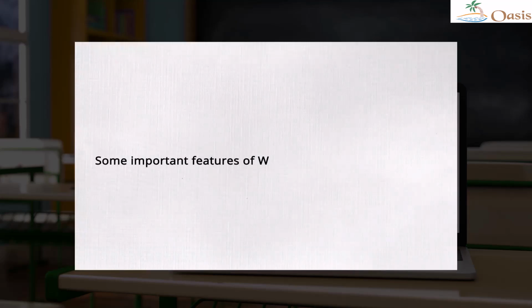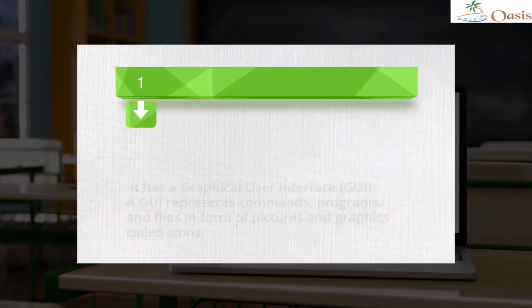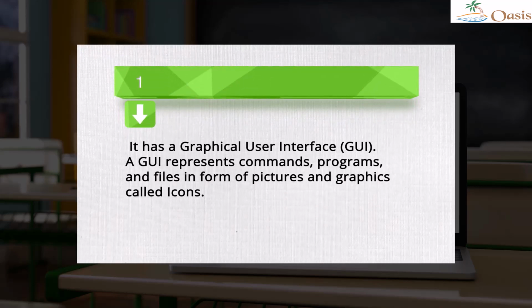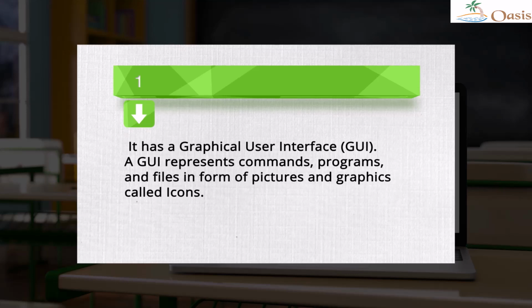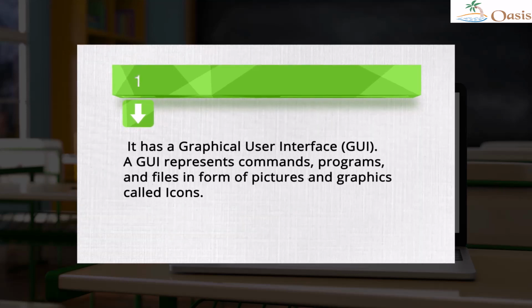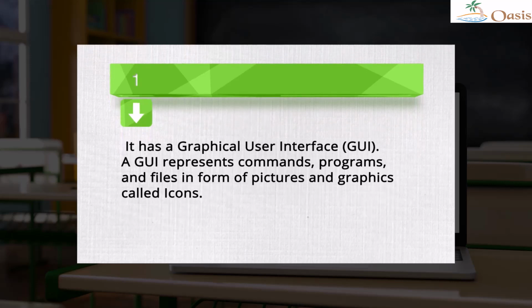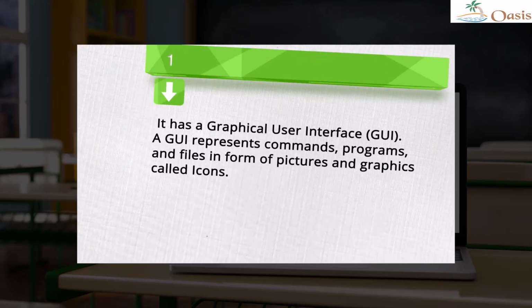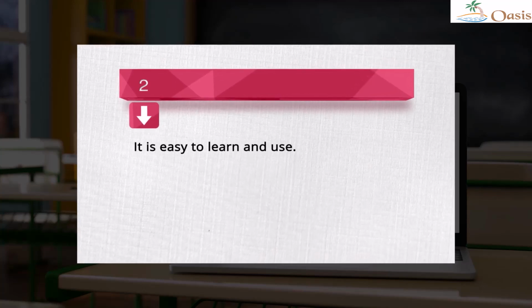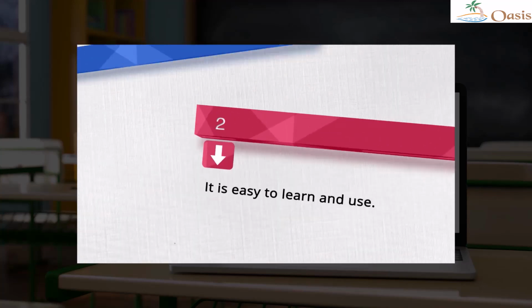Some important features of Windows operating system are: 1. It has a graphical user interface, GUI. A GUI represents commands, programs, and files in form of pictures and graphics called icons. 2. It is easy to learn and use. 3.